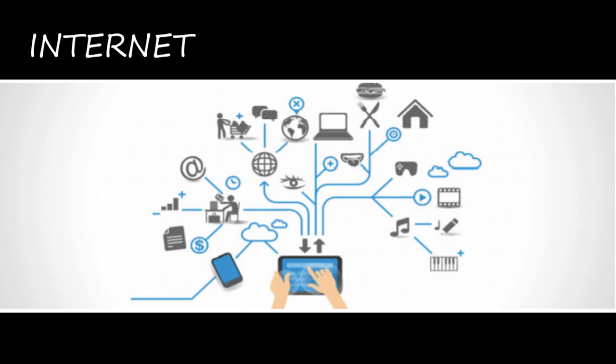Right, the terms internet and world wide web are frequently used interchangeably, but they are not precisely the same. These are not the same. The internet denotes the global communication system.